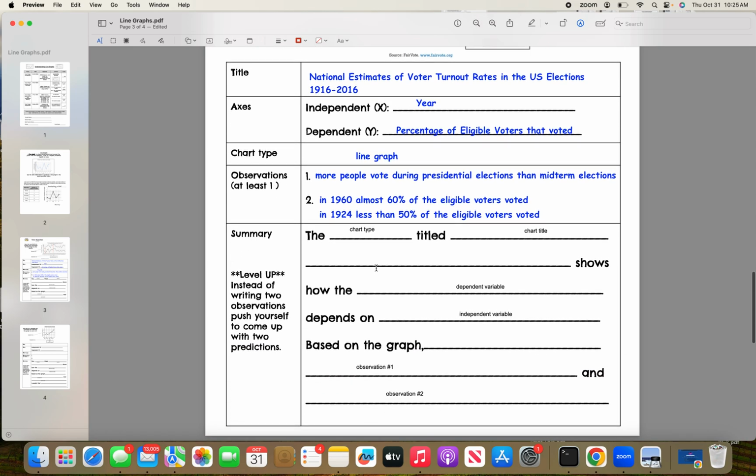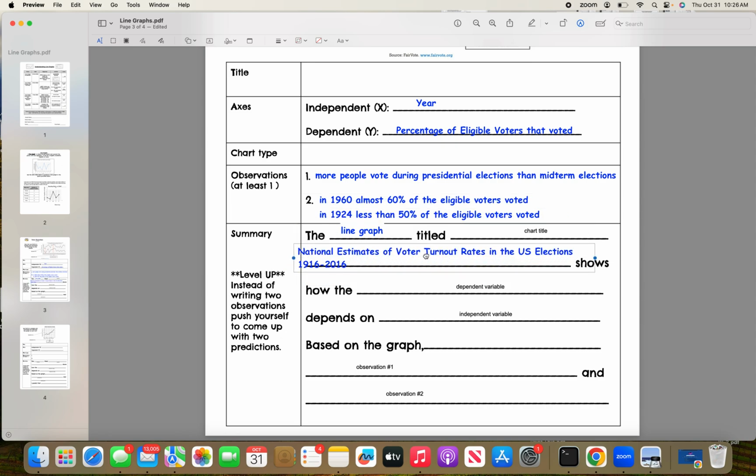Now, you are going to take that information and plug it in to make a nice summary of the graph that we have above. So, what is the chart type? We know it's a line graph. So the line graph titled, okay, so now the title, it's a long one.